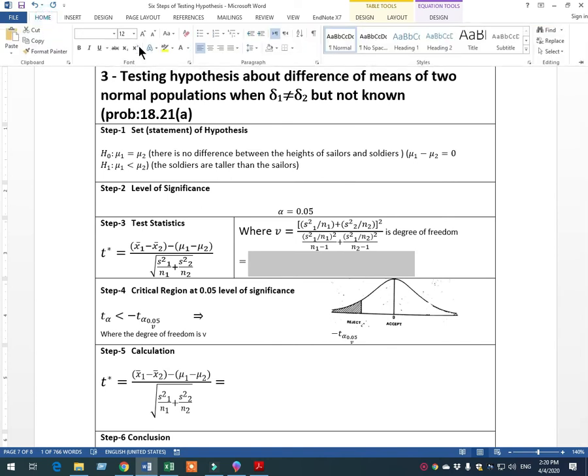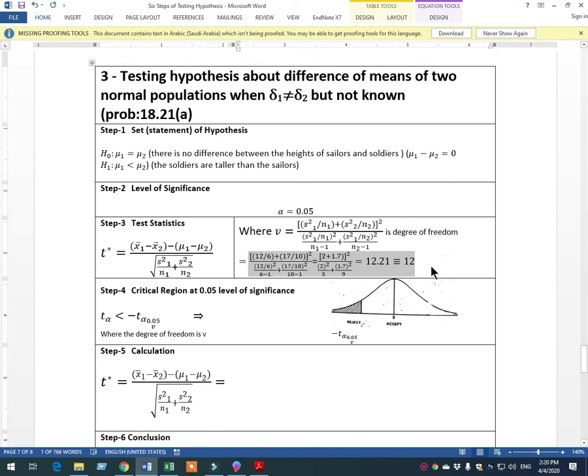By solving all these terms, here I have the value of degree of freedom as 12, because I have put all the required values in the formula. For this variance, I have calculated 12.